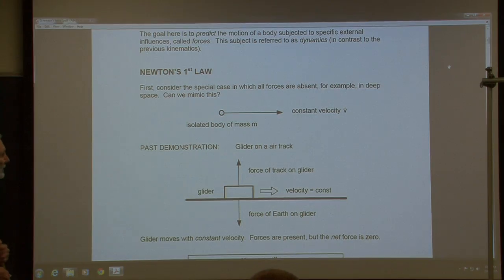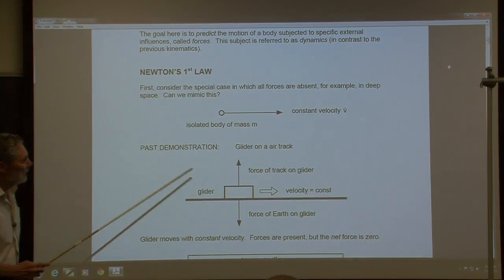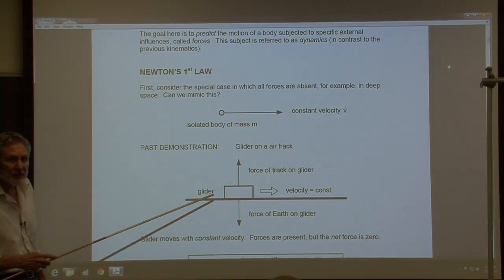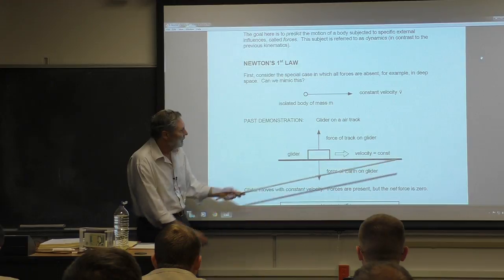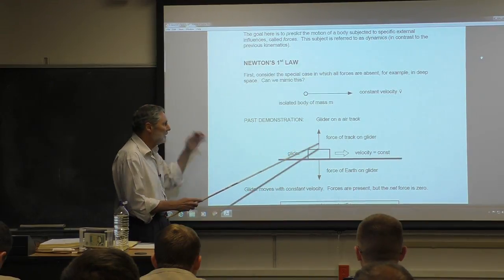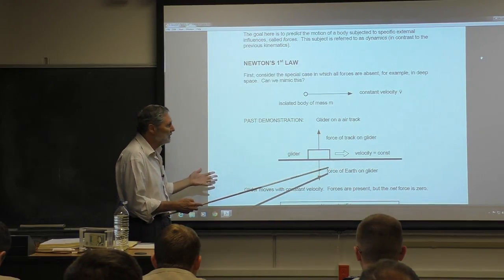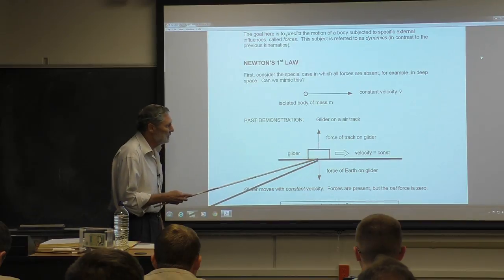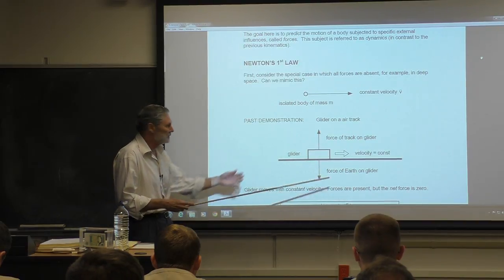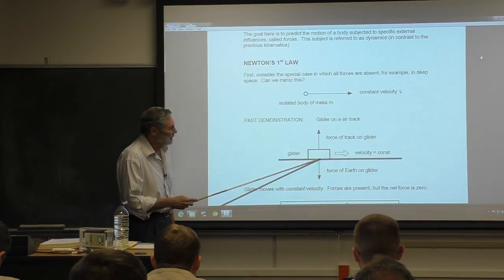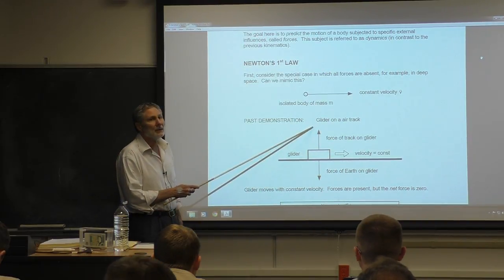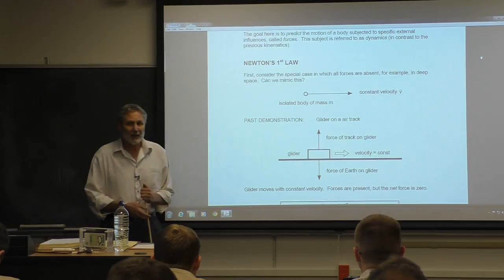So can we achieve this? We have achieved this in here. Remember the glider on the air track, right? For the case of a horizontal air track, there's effectively 0 net force here because there's the force of the Earth on the glider, that's also called the weight of the glider. But then there's a force of the air track upward, and those 2 forces balance.